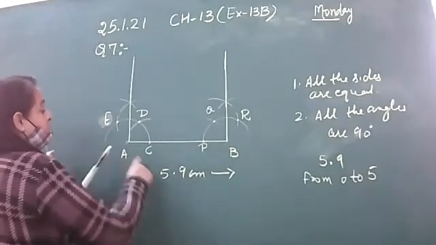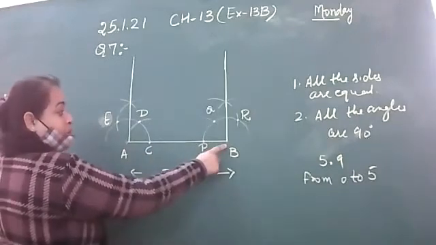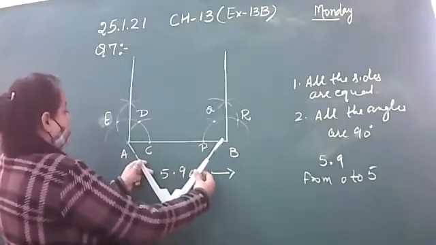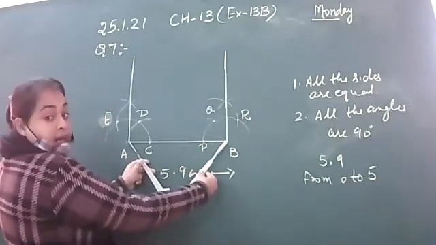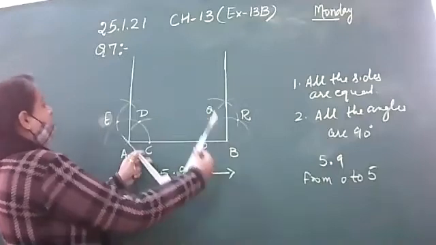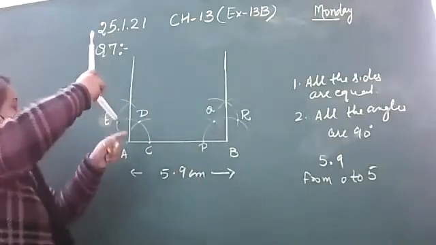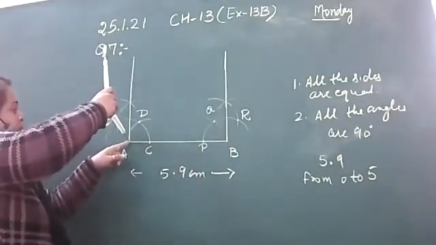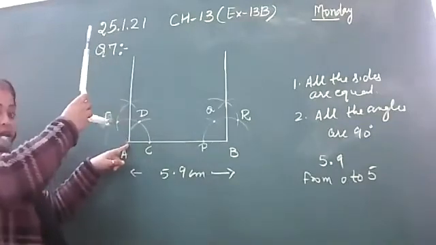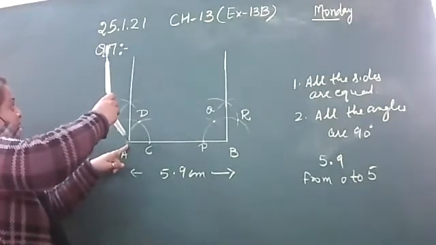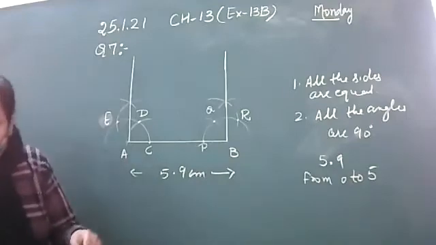Okay, because this line segment is of 5.9 centimeter. Now put your compass at A. Mark an arc.